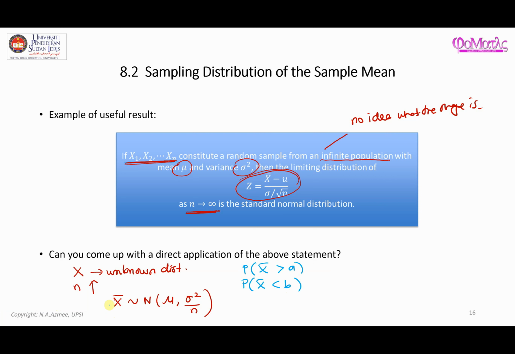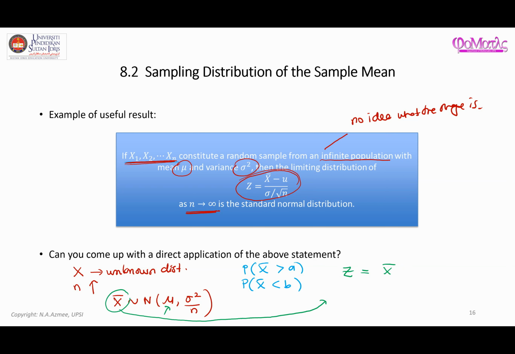In order to answer these probability questions, as I explained just now, we need to be able to convert x bar into a standard normal random variable, or z-score. To do that, I have to use this formula. Z is equal to, what's the normal random variable in this case? This is x bar. X bar has a normal distribution. What's the mean of x bar?